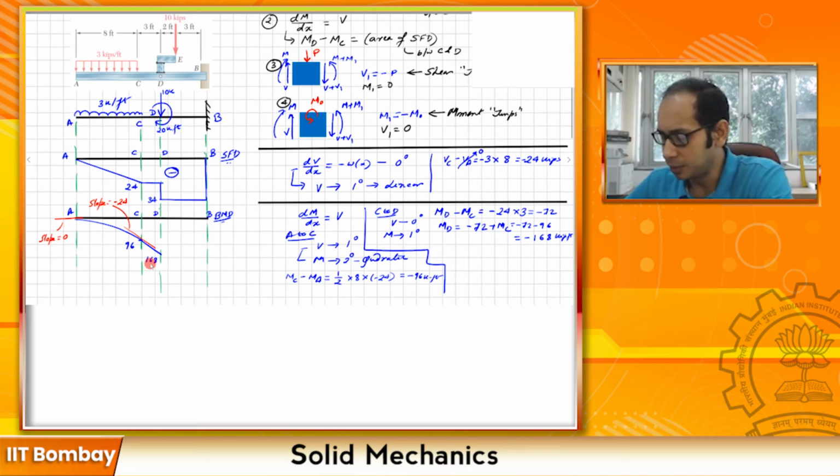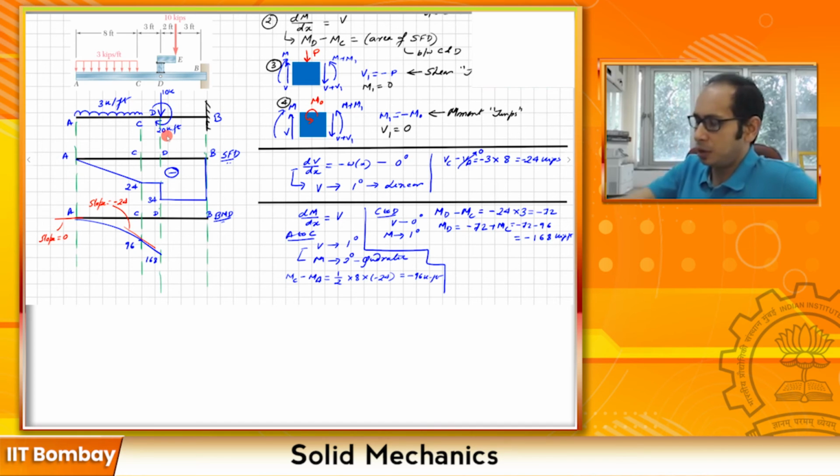Now at this point D that you see over here, the issue is that at D I have a concentrated moment of this 20 kip-feet. So now the question is how this moment is going to change. For that you need to refer to this relationship 4. As you see here, when I had this kind of a moment, the bending moment on the right hand side was reducing further by a minus M naught.